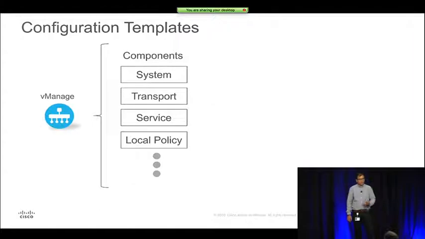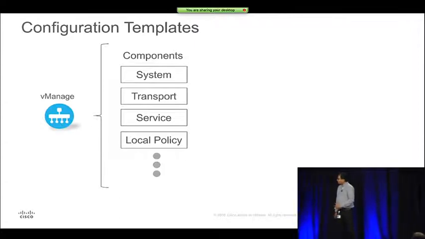VPN 512 is dedicated to out-of-band management. So you can use any VPNs. The software-tested number is 64 VPNs per site. None of our customers actually needed more than 64, so that has been a tested number for a long time now. So you can have as many as 64 VPNs on a per-site basis.